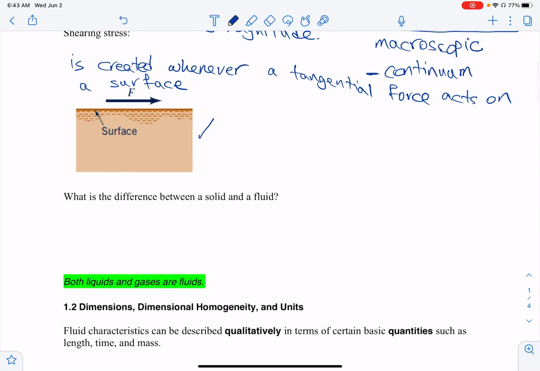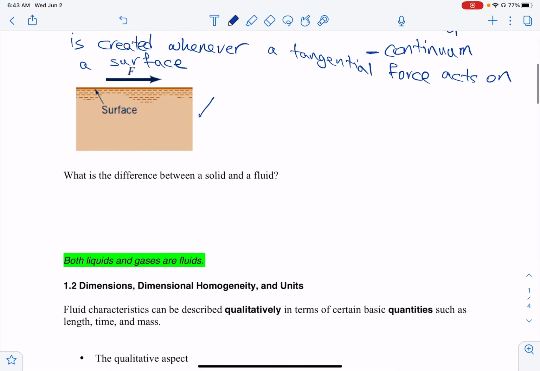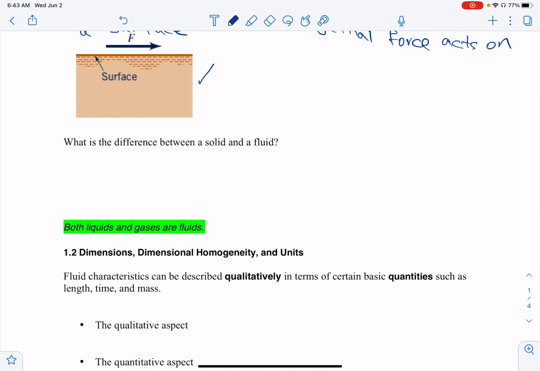Now maybe you question, what is the difference between a solid and a fluid? Solids like steel or any metals, when acted on by a shearing stress, will initially deform, just a very small deformation at the beginning, right?